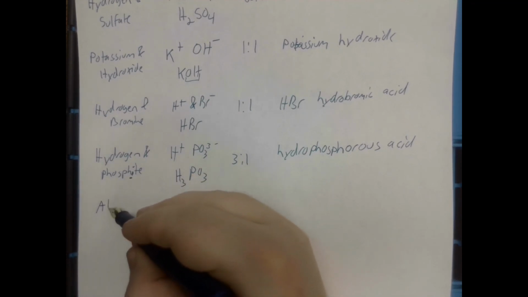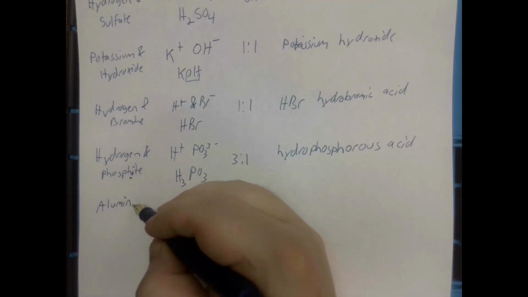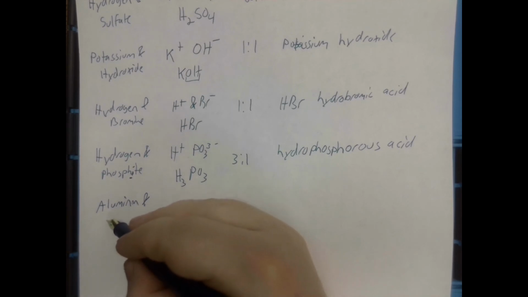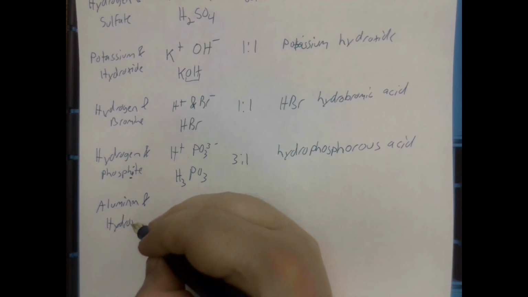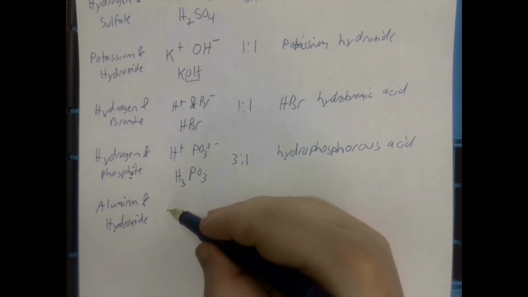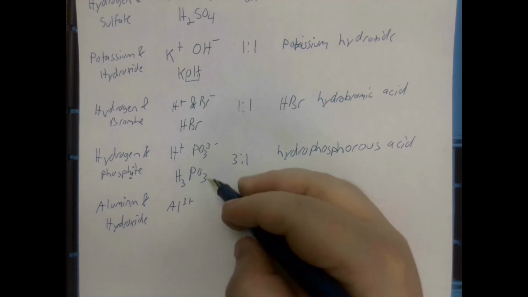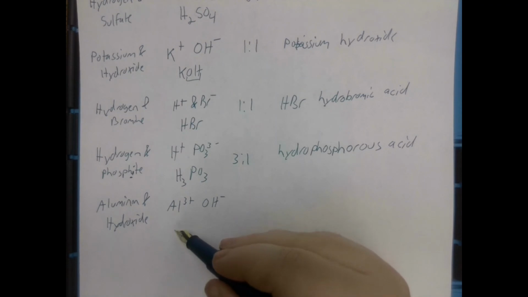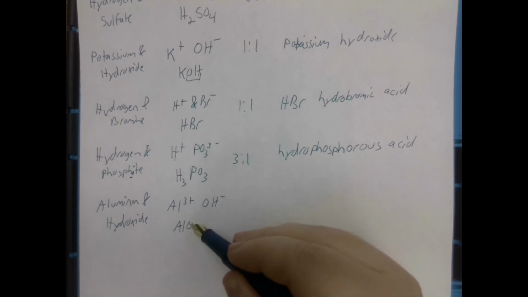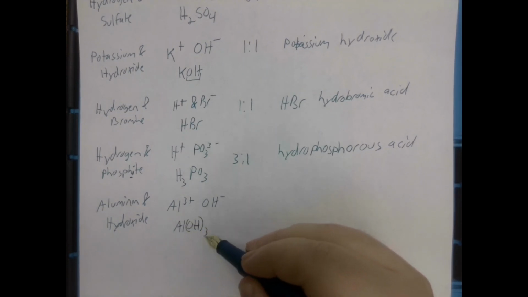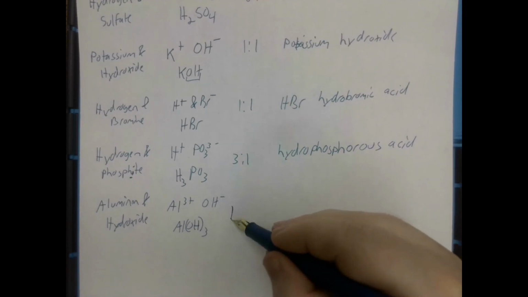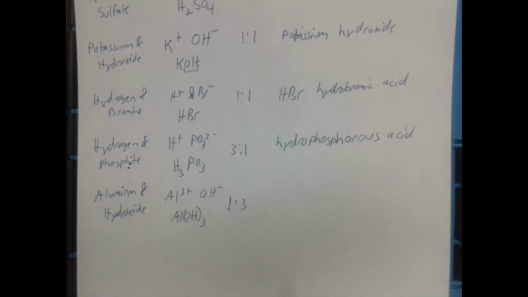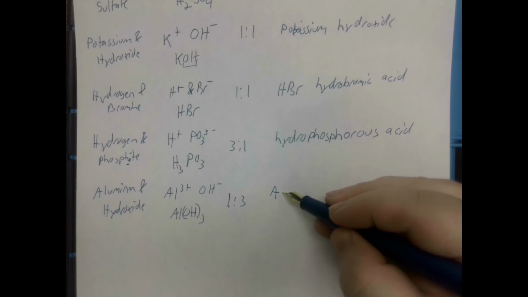And then aluminum and hydroxide. Al is going to be 3 plus. Hydroxide is always OH negative. So the OH is going to get 3. So this is a 1-to-3 ratio. And we just write down the 2 names unmodified.